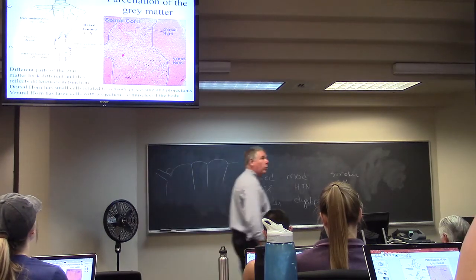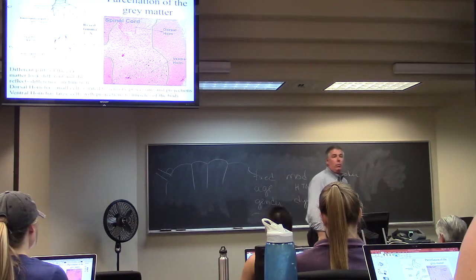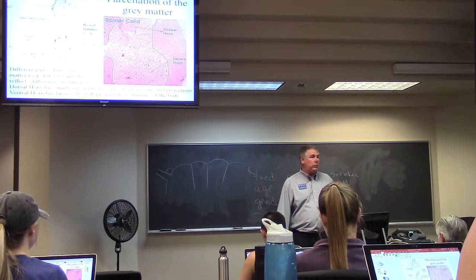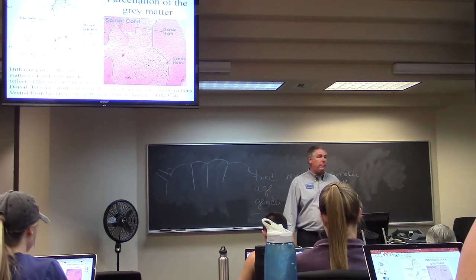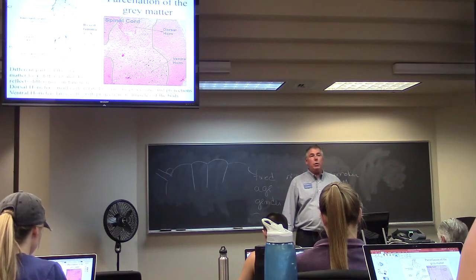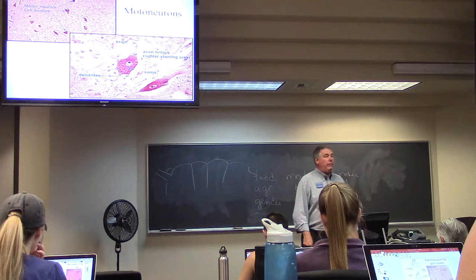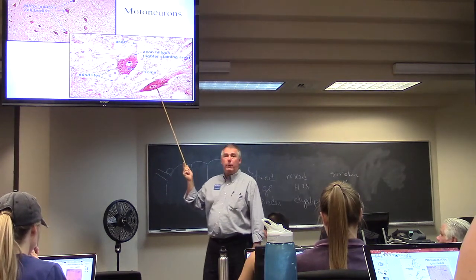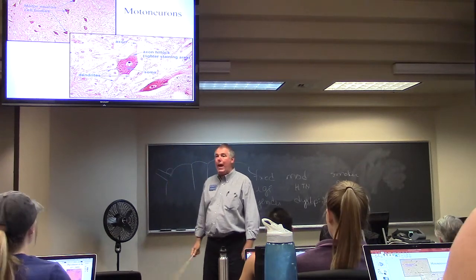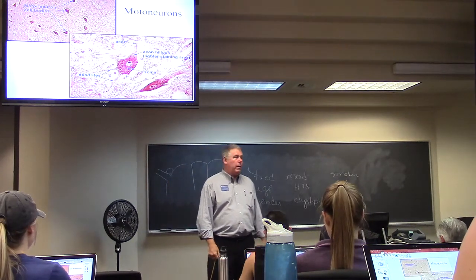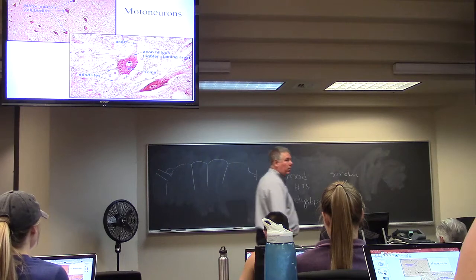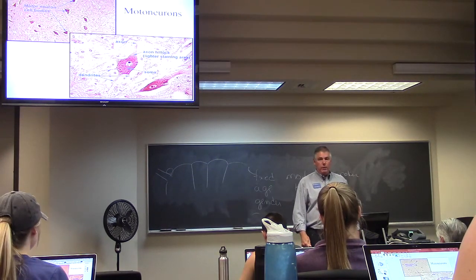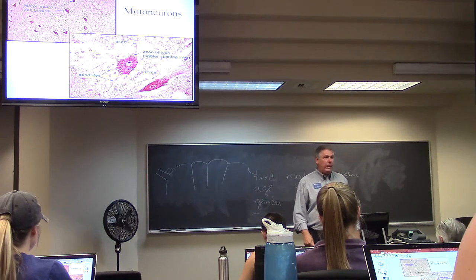Okay? Dorsal horn cells are tiny, relatively speaking. Dorsal horn cells are dealing with sensory perception and relay of sensory information. The ventral horn cells are large by comparison. If you look at a ventral horn cell, here's a big motor neuron right here. This is called an alpha motor neuron. This is a neuron that's going to an extrafusal muscle cell.